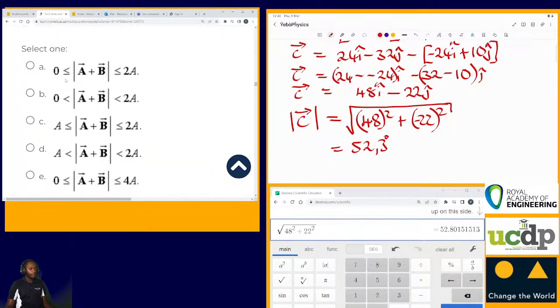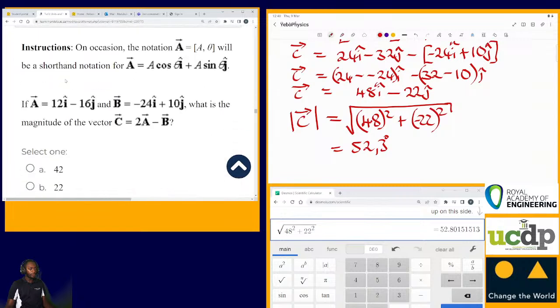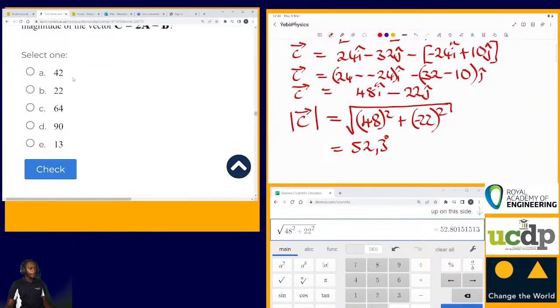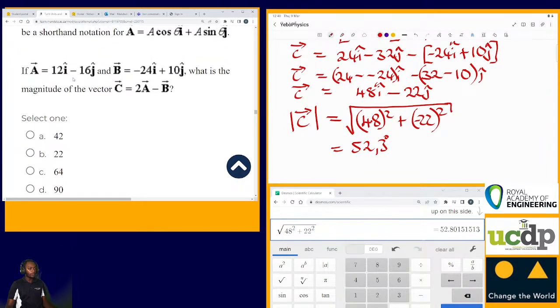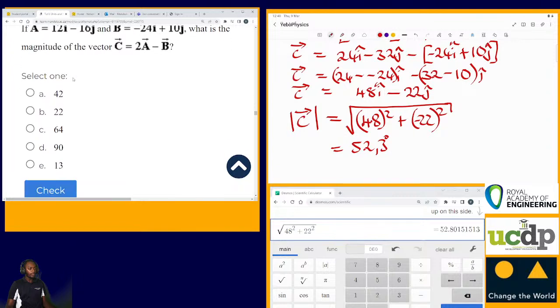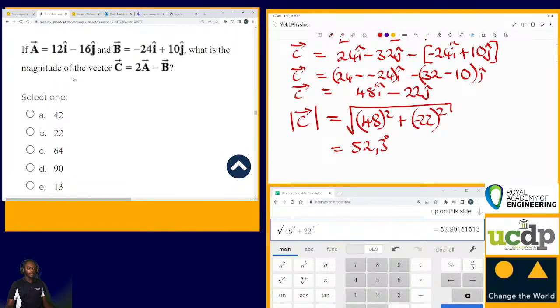So let's go back to our question and see if we have an option for the answer that we are getting there. We are getting 52.3 instead. We don't have any answer that has 53 there.